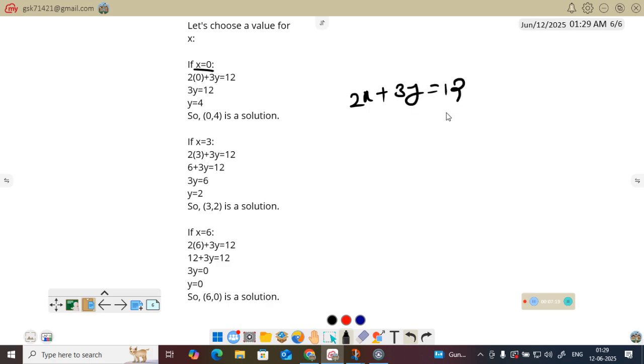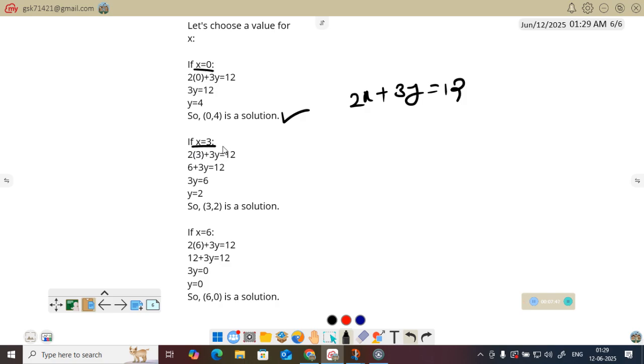When we put x equal to 0, we get 3y equal to 12, y equal to 4. So x equal to 0, y equal to 4 is a solution of the given equation. Of course, student, we can change the value of x, and let's suppose x equal to 3.